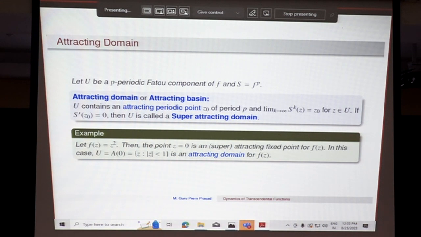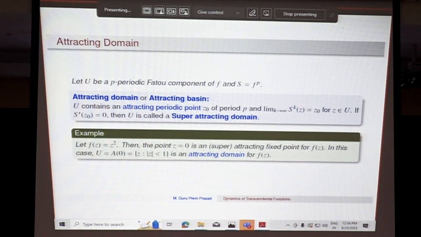So, then what is attracting domain or attracting basin? It contains the attracting periodic point, and the nearby points whose orbit will be attracted to that. That is why it is called attracting domain. And if its derivative at that attracting point is 0, it is called super attracting domain or Böttcher domain.